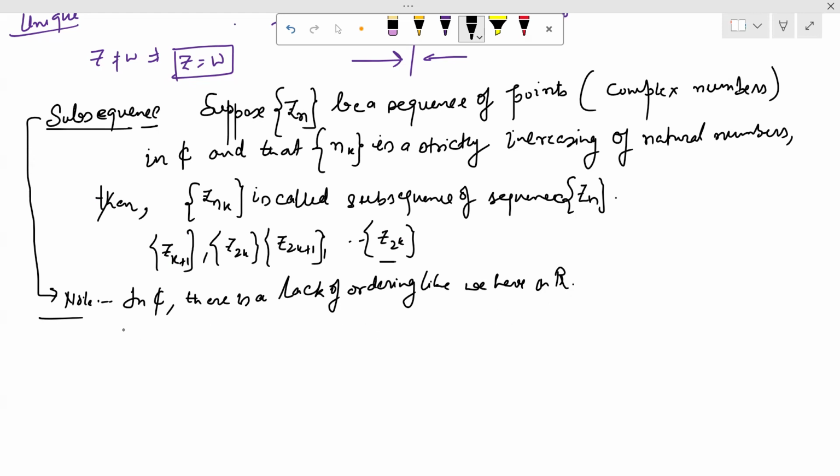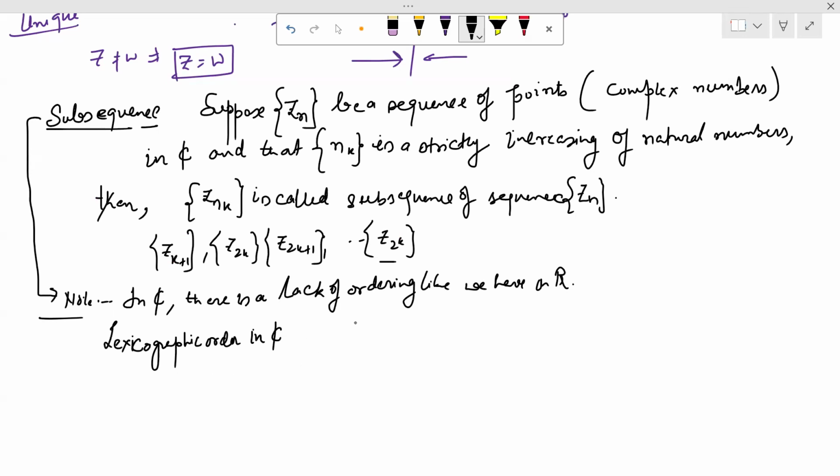But somehow some sense of ordering can be done, and that sense is sometimes referred to as the lexicographic order in C. I should write it here itself so that you don't get confused. Lexicographic order in C.